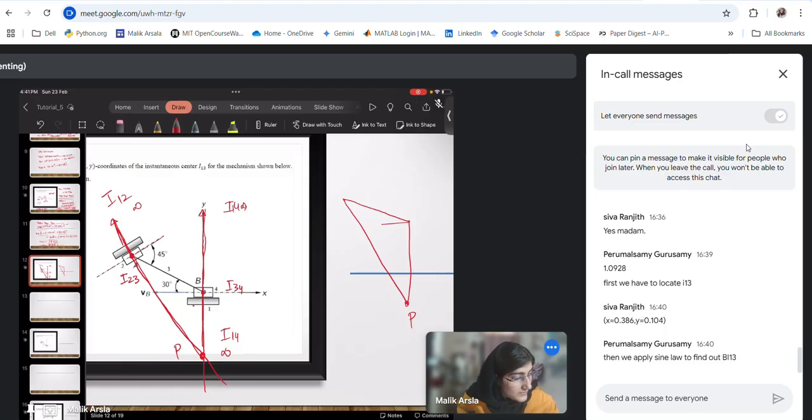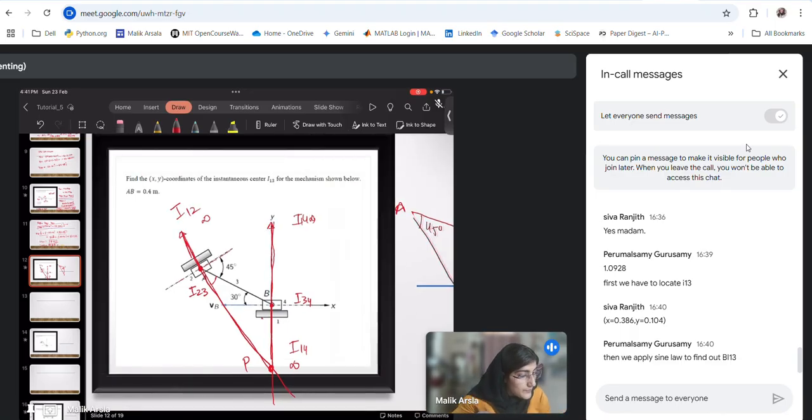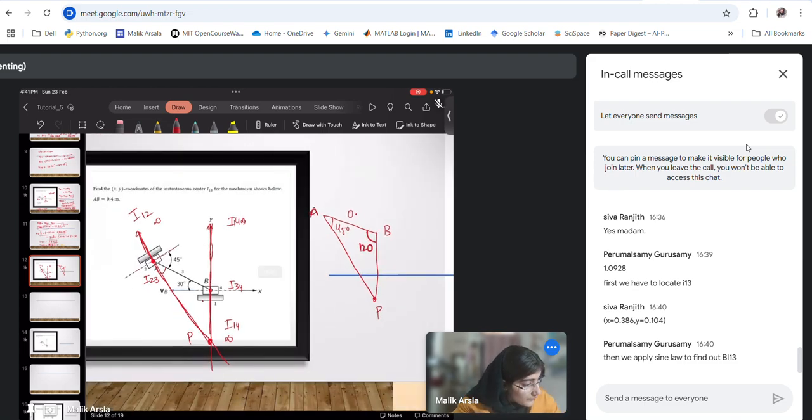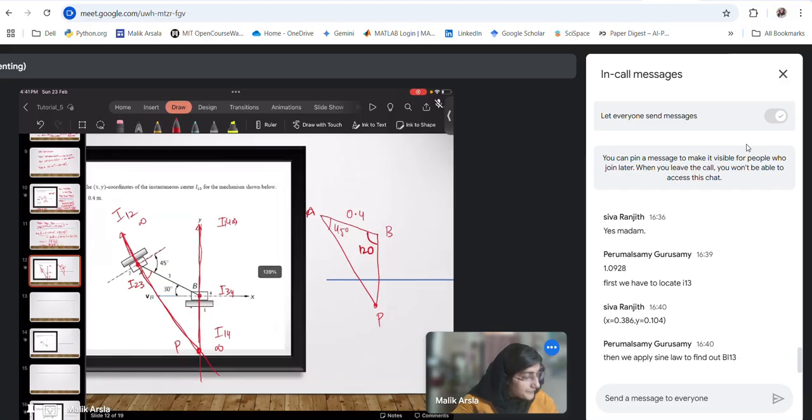So let me write just like that only. 120 degree, and this here is given as 45, right? So this angle will also be 45, right? So this is point A, this is point B. Now what lengths have been given? AB has been given. So AB is 0.4 meter, right?